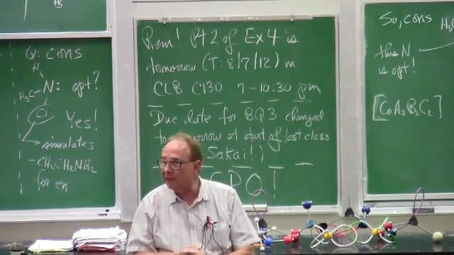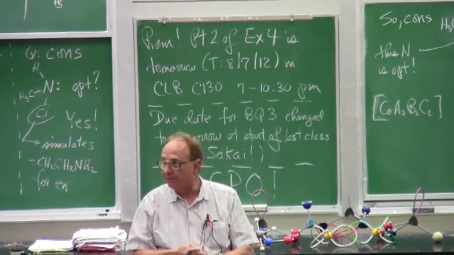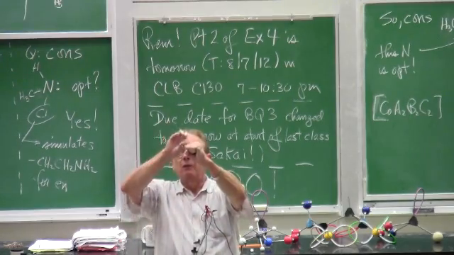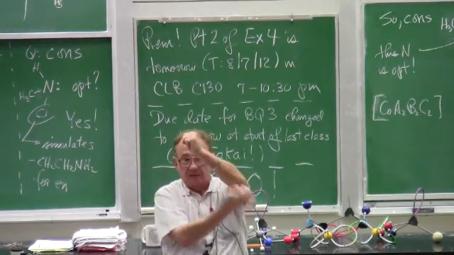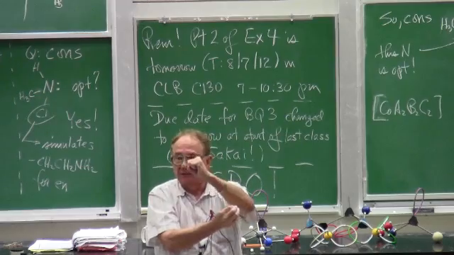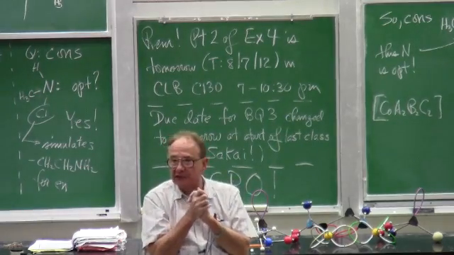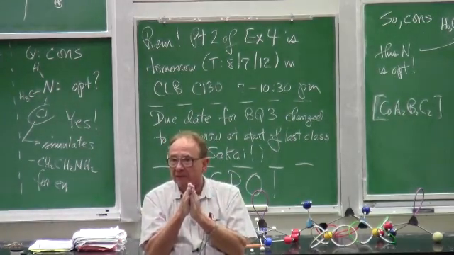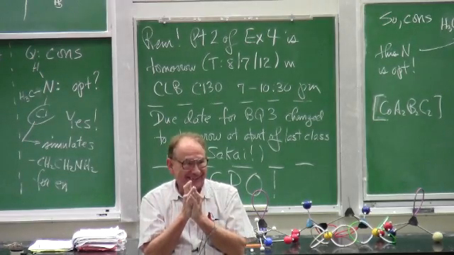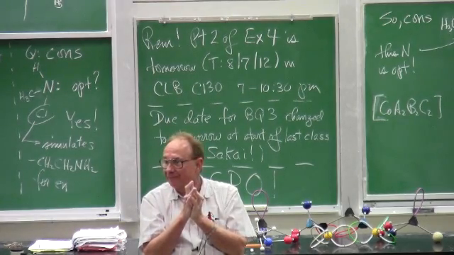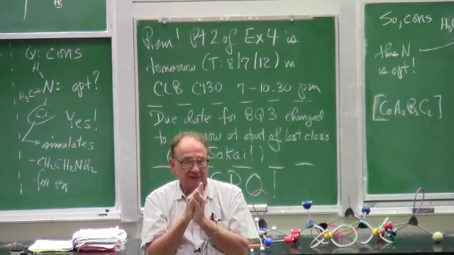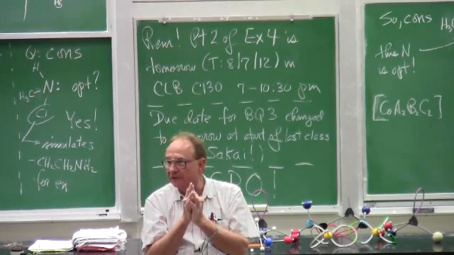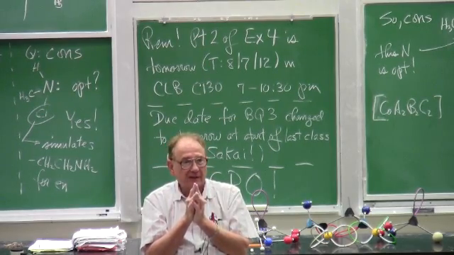But is there a more symmetrical arrangement of these 1, 2, 3, 4 bonding pairs? Yeah, it's tetrahedral. Because we got to remember, these atoms are three-dimensional objects. Valence shells are spheres, not circles.